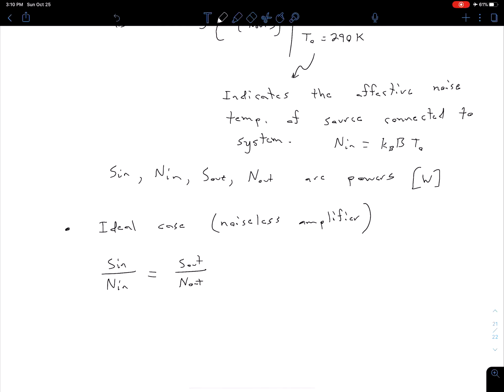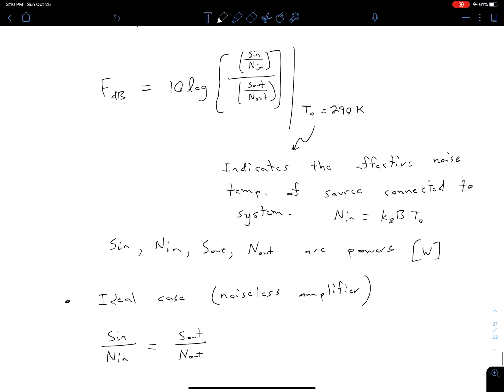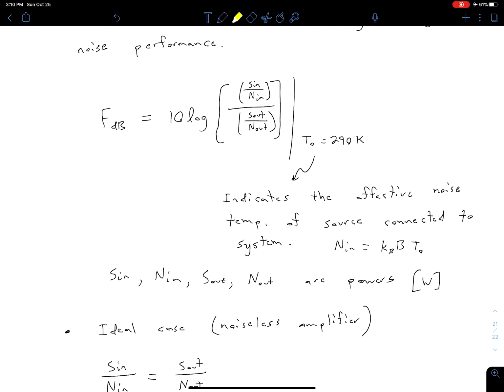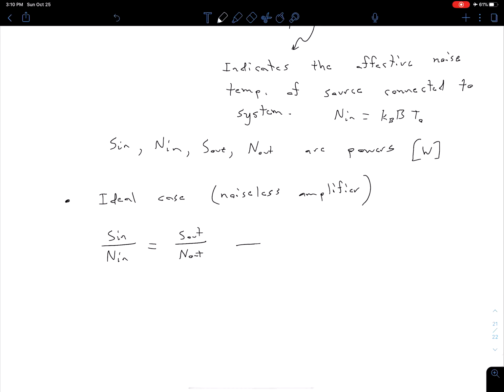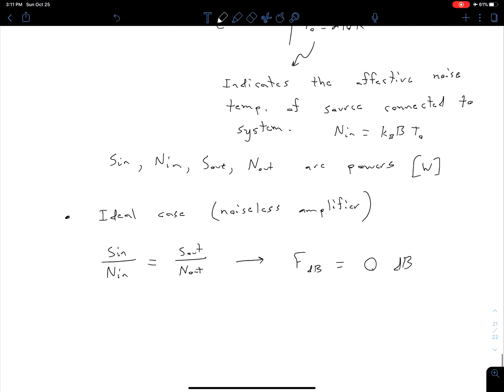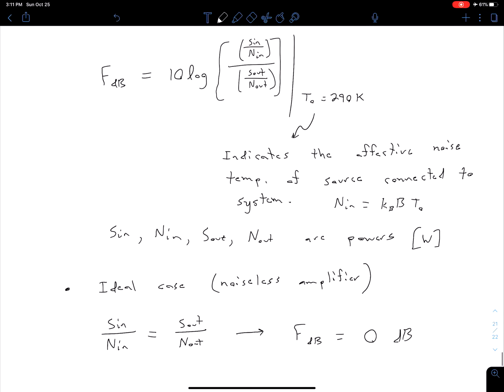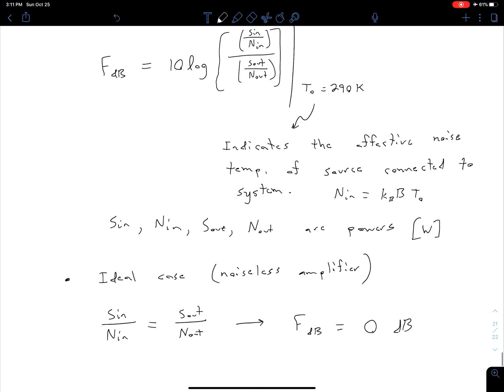So it's amplifying both the signal and the noise, but it's doing so equally such that the ratio stays the same. And plugging into this equation up here, we would see that our argument of our log would just be 1. And so log of 1 is 0. So what this means is that the noise figure for an ideal noiseless amplifier would just be 0 dB. And as that gets larger, that indicates we're getting further away from that ideal case.